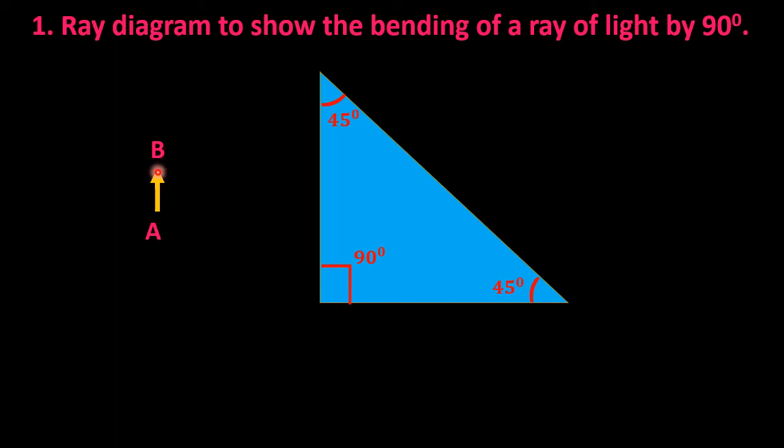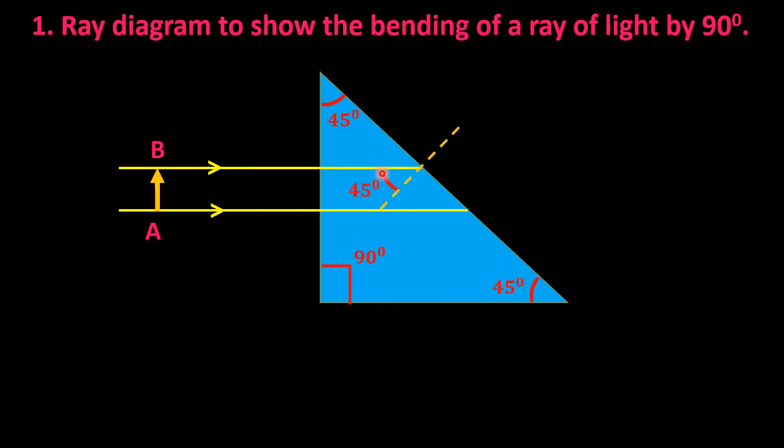From the top and the bottom of this object we consider two rays incident on the prism. Here we draw a normal, and this is the angle of incidence, which is 45 degrees. Here also the angle of incidence will be 45 degrees because these two rays are parallel. Then this ray will undergo total internal reflection and will not get refracted but will get reflected.